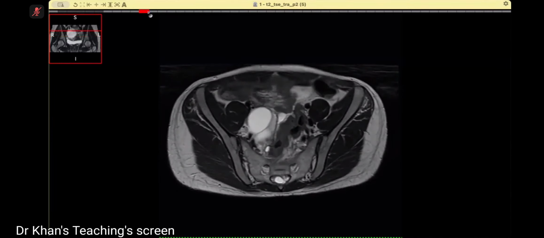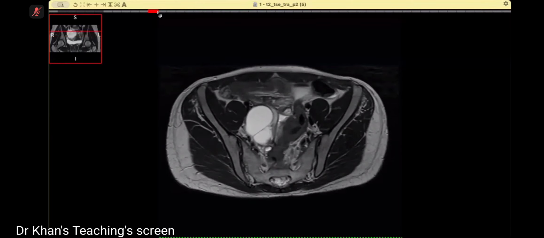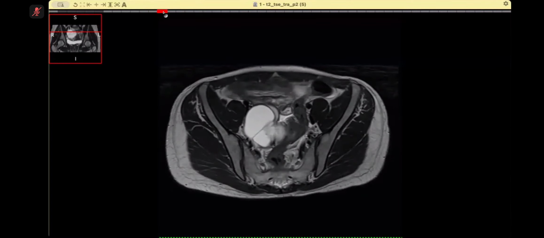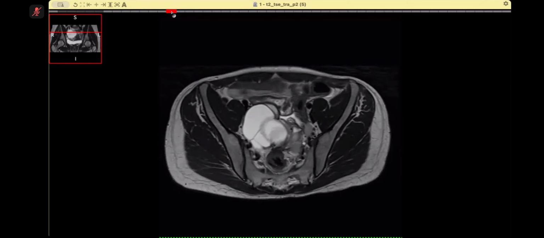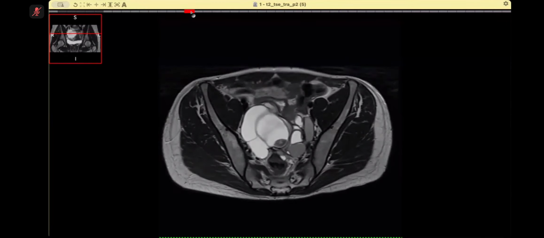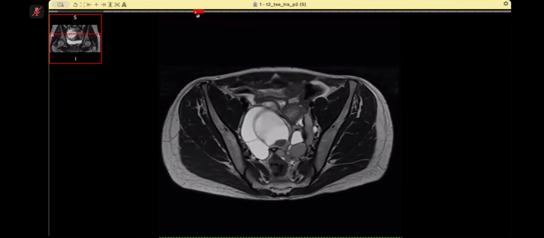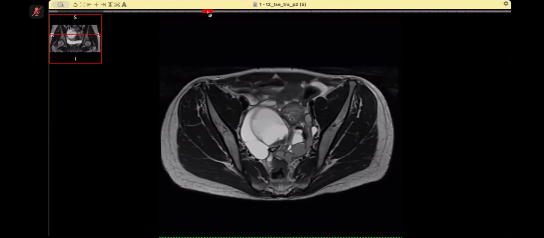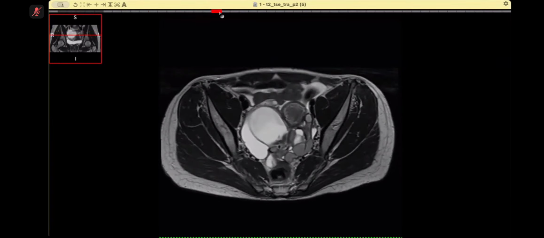Now I'm scrolling through the images, and there is a large cystic area seen in the right hemipelvis, and there is a low signal intensity also noted, eccentrically located in one of these cysts.